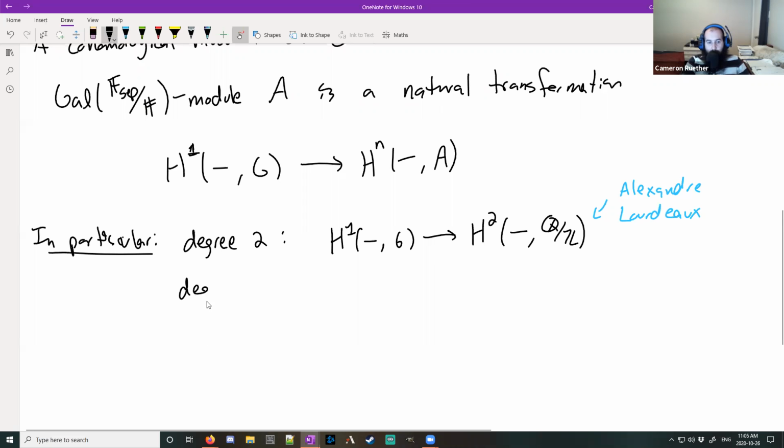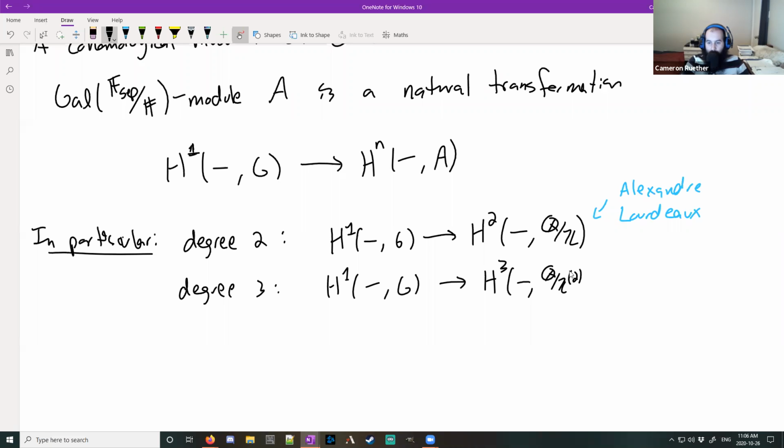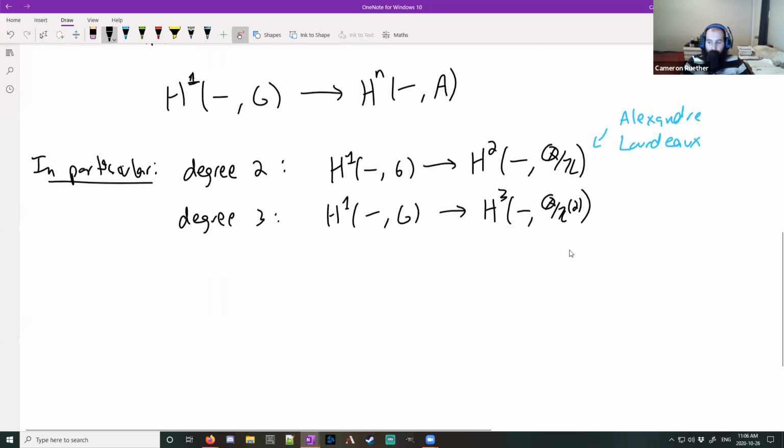And when we talk about degree 3 invariants, we're usually talking about similar things, but now into H3, and we take a tensor product here of Q mod Z. This Q mod Z has a complicated definition depending on the characteristic of F, which Alexander had summarized.